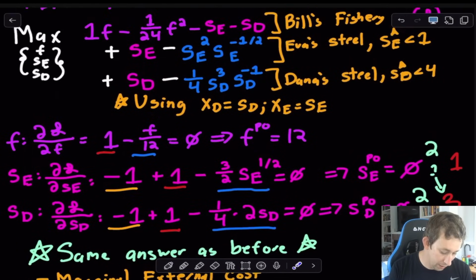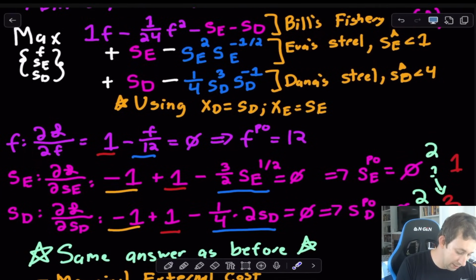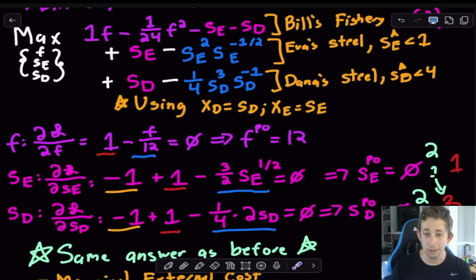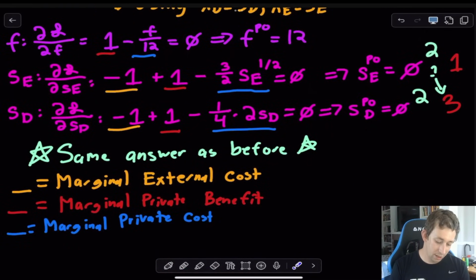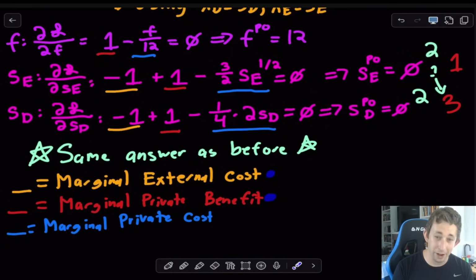Because what's happening is we are choosing SE and SD, so we're thinking about the fact that those SE and SD come up in Bill's profit maximization problem. And so what I've done here is color code it, where you can see that this is a marginal external cost, this is marginal private benefit for each person, Bill, Eva, and Dana. This is private cost for Bill, Eva, and Dana.